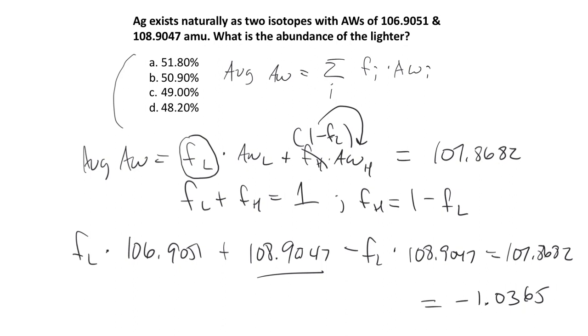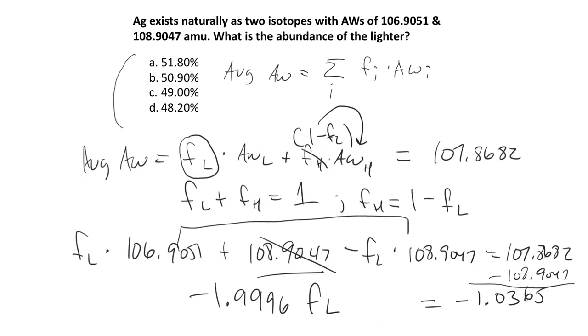And so I just need to take 106.9051 and subtract 108.9047. That gives me negative 1.9996 times the fraction of the lighter isotope, and that's equal to negative 1.0365. So I subtracted this from both sides, and then I'm just doing my algebra here to combine those values to negative 1.9996.